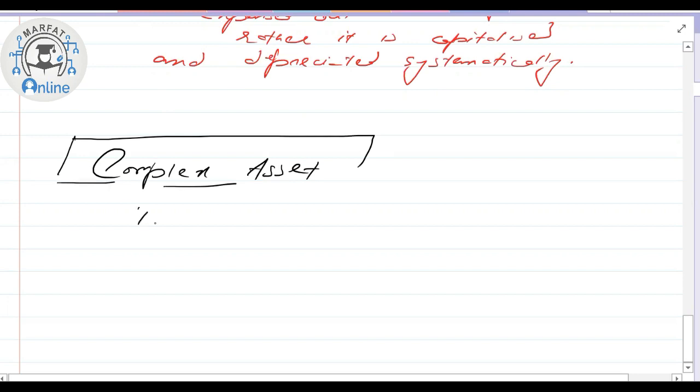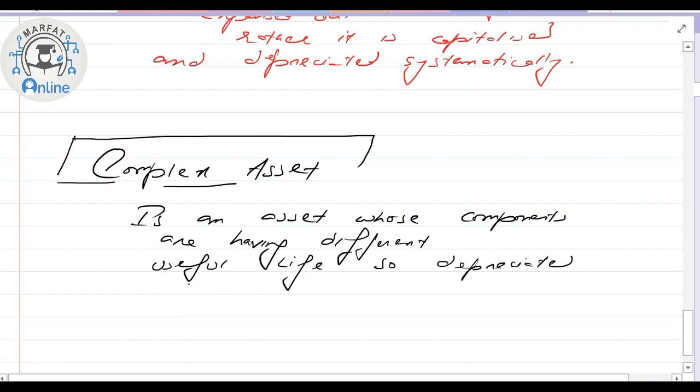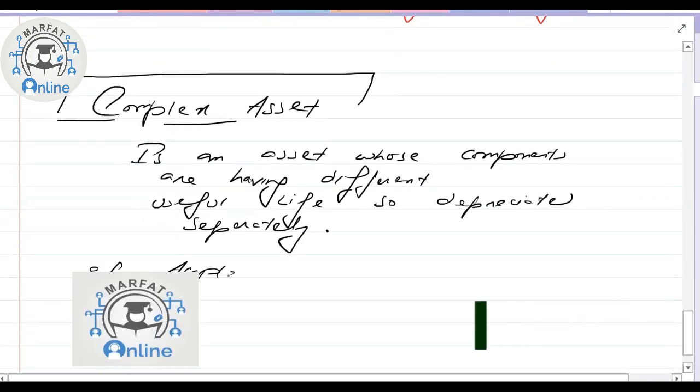A complex asset is an asset whose components are having different useful lives, so they are depreciated separately. Again, for example, an airplane or aeroplane.